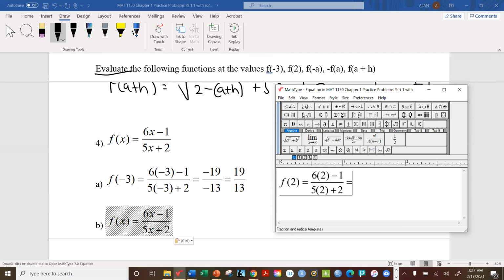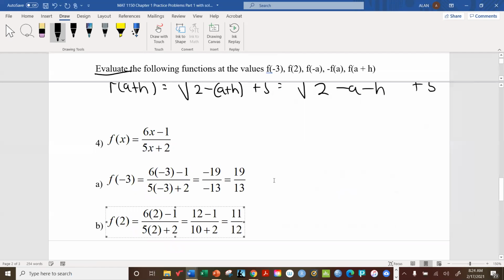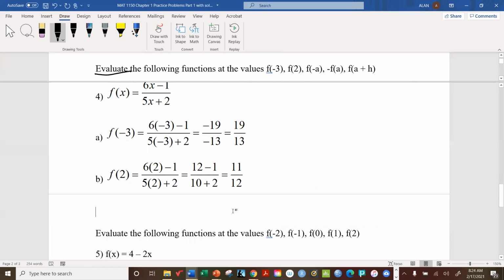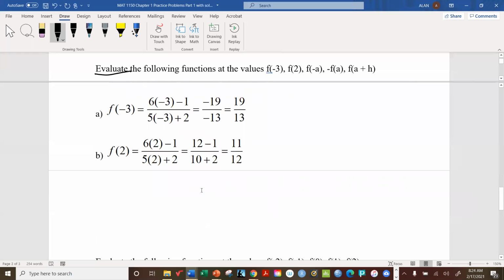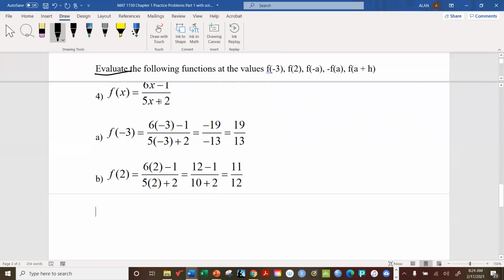And that's going to be 12 minus 1 over 10 plus 2 equals 11 over 12. And that's it. We're done. Okay, beautiful. Now C. Now we're doing the abstract ones. F of negative A.